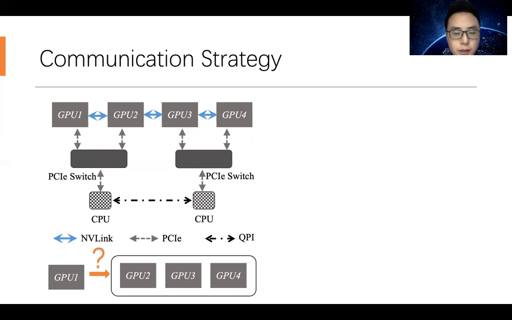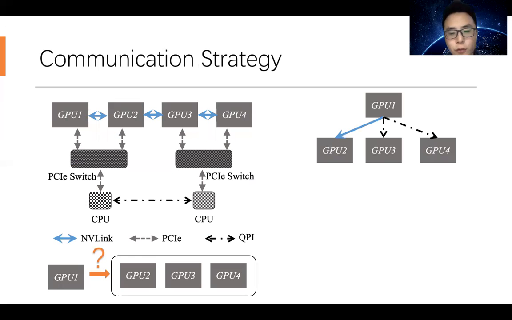Assume a vertex is partitioned to GPU 1, and GPU 2, 3, 4 have its neighbors, which means we need to send this vertex from GPU 1 to 2, 3, and 4. So what are the possible communication strategies? The most straightforward way is to send from GPU 1 to the others directly, as in peer-to-peer communication. However, it may need to go through the QPI link to reach GPU 3 and 4.